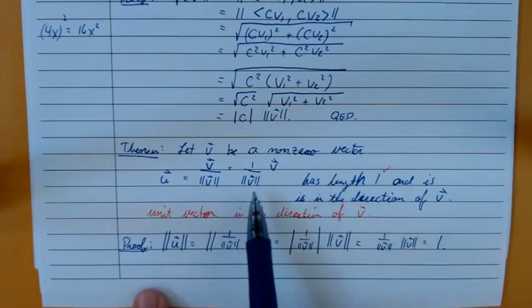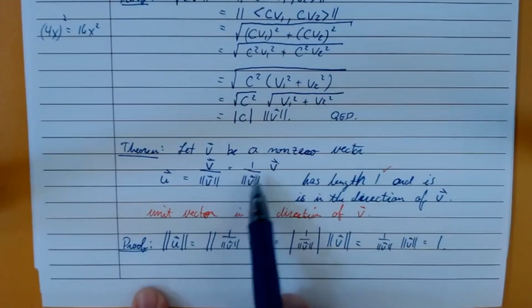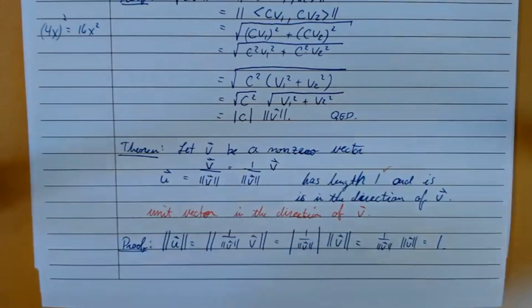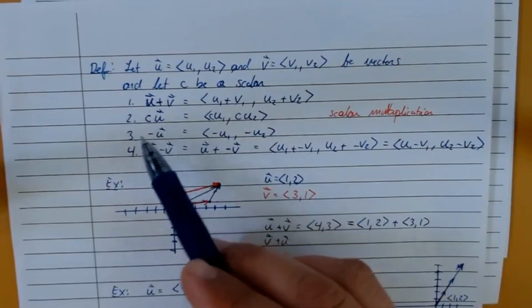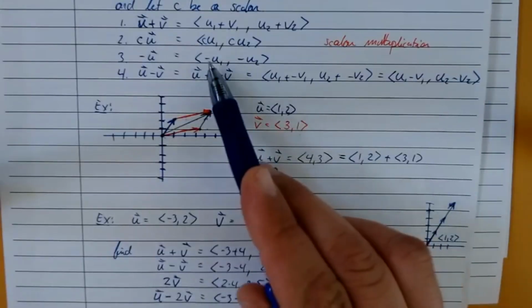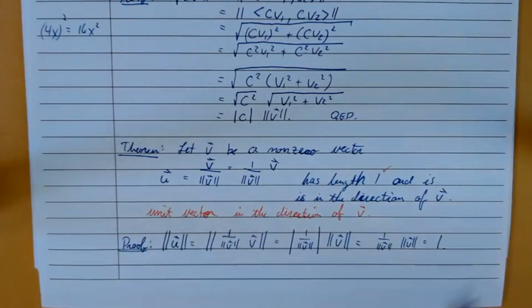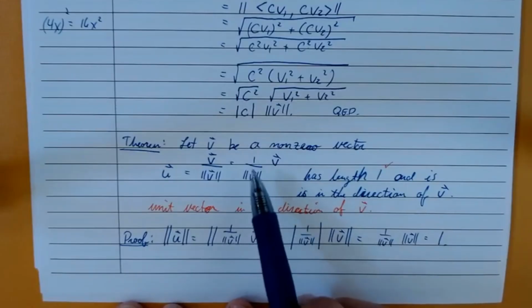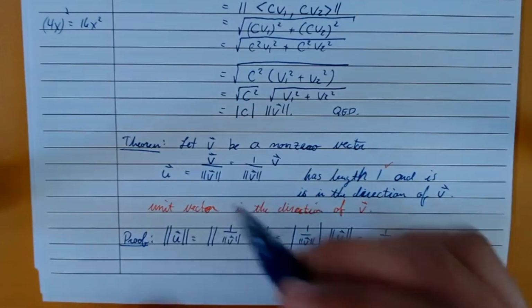Here, you're taking the vector V and you're scaling it. When you scale something, it stretches along the same direction, but has a different size. Yes, but if your scalar is negative, then it'll go in the opposite direction, because you're going to have the negative of those components. So we just have to make sure that's not negative. Well, of course it's not. The magnitude of V has to be positive.